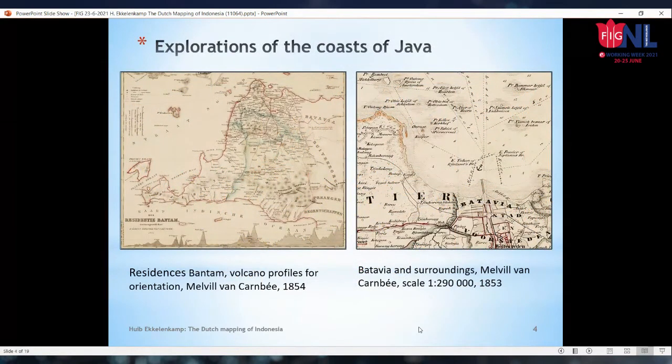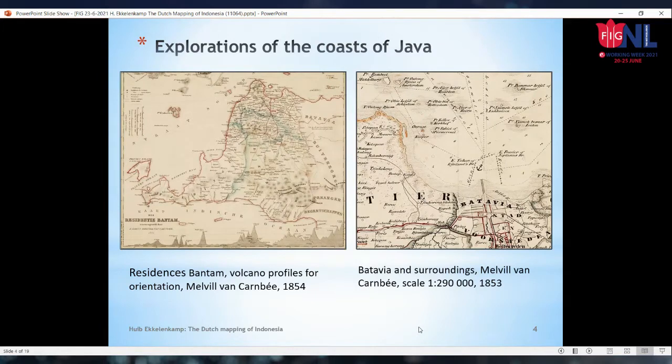The first thing was, of course, the approach of Java. Java was in the center, the most important island. And you see here one of the first maps from 1854. It's remarkable that this surveyor, Melville van Carnbee, was a hydrographer, so he focused on the sea travel, and he drew profiles of the volcanoes, which you can see at the bottom of the map for orientation.